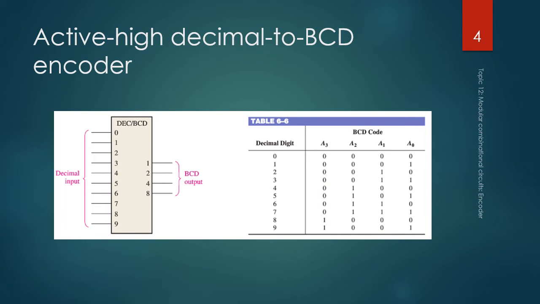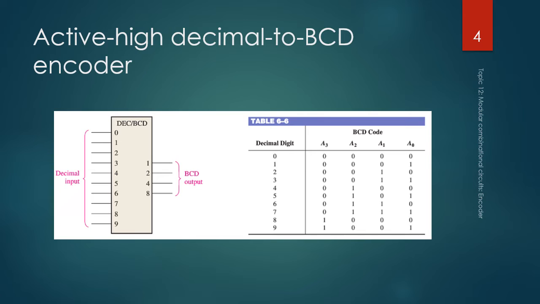Okay, now let's look at some special encoders. When we were talking about decoders, we had a special kind of decoder called the BCD to decimal decoder. Basically, it converts the input BCD code to a decimal, not really a decimal value, but just activates the corresponding decimal output.